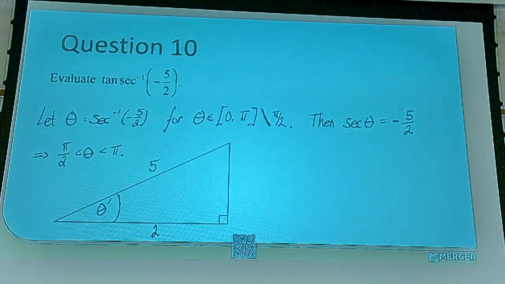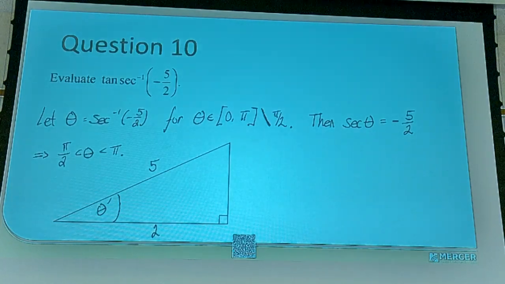So what does the Pythagorean theorem say? A squared plus B squared equals C squared.